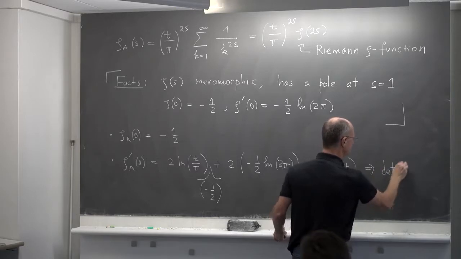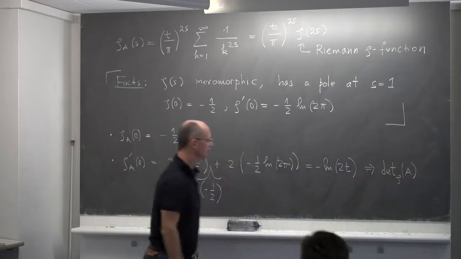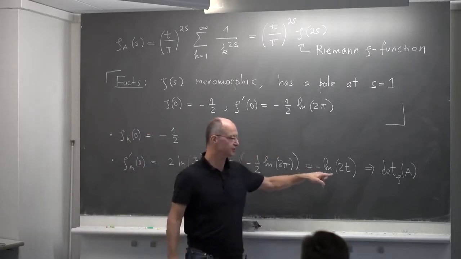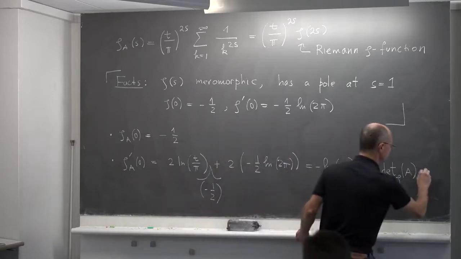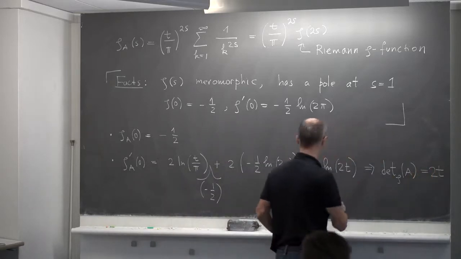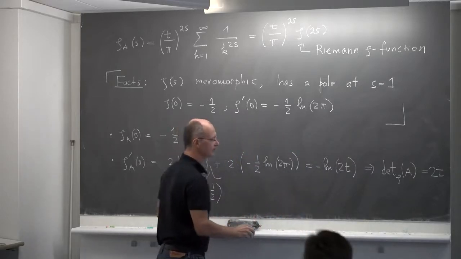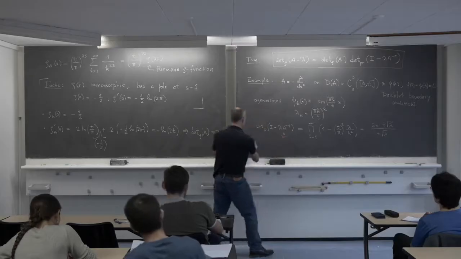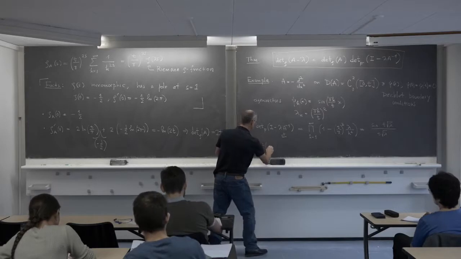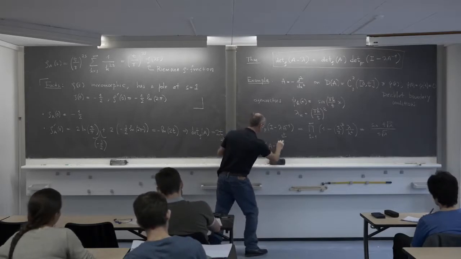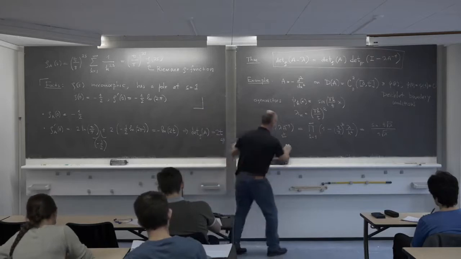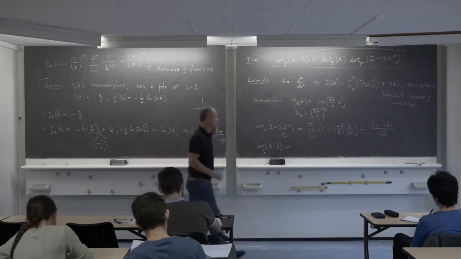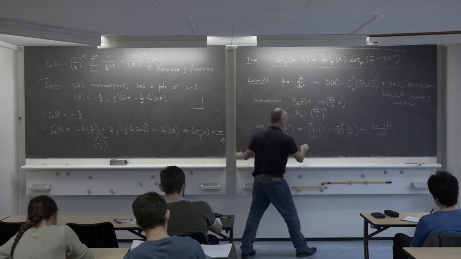So the conclusion, the zeta regularized determinant of A is equal to exponential of minus log 2t. So this is equal to t. And finally, from these two formulas, we get the zeta regularized characteristic determinant, A minus lambda. So this is equal to the product of these two expressions.